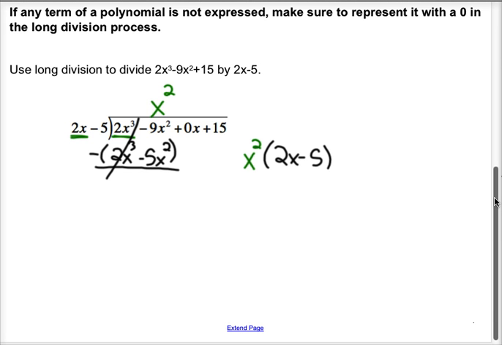Now here remember, subtracting a negative is the same thing as adding. So really this is saying negative 9x squared plus 5x squared to leave us with a negative 4x squared.